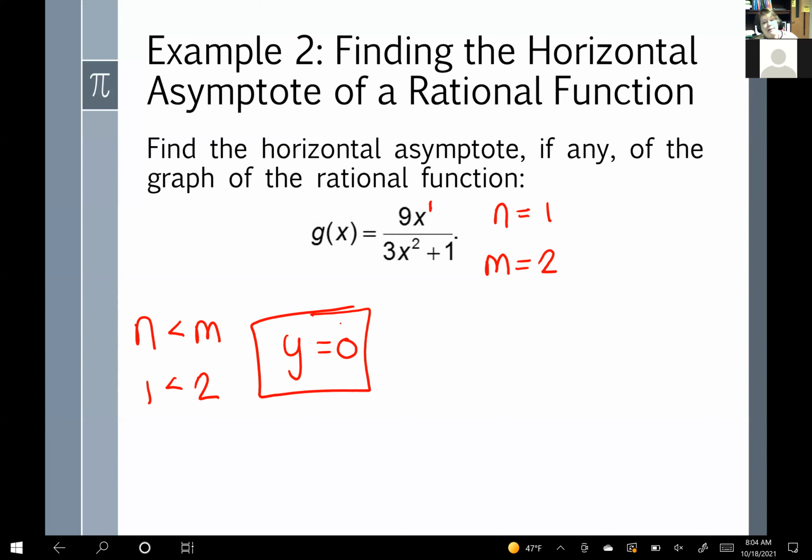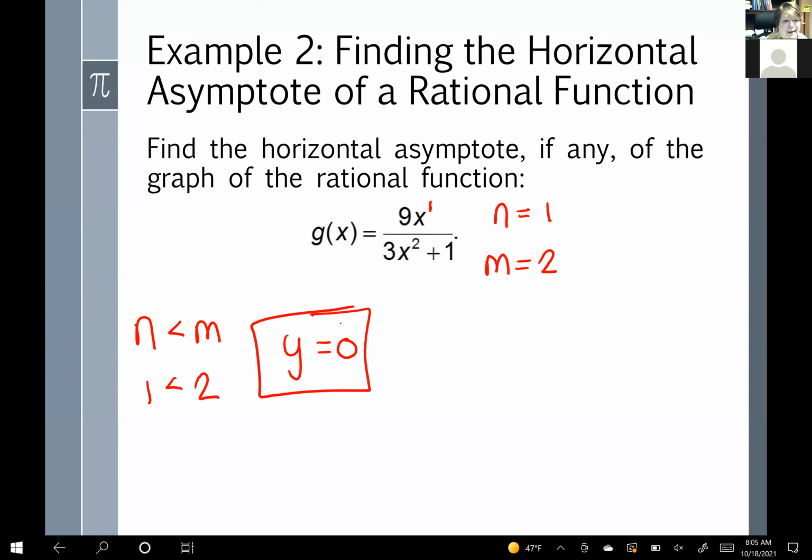So as x increases without bound to the right, the denominator gets larger and larger and larger faster than the numerator does. So eventually the denominator gets so large that the function approaches the value of 0. And that's what happens as denominators get bigger and bigger and bigger.